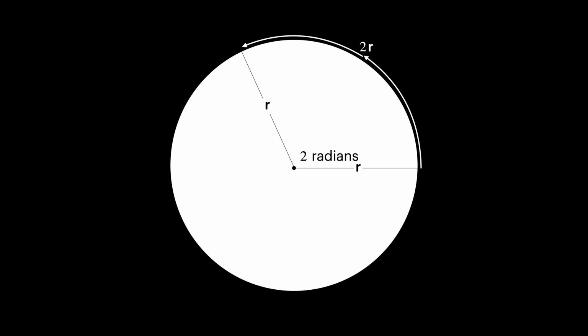If you think about measuring in degrees and you're trying to work out how far around the circumference of a circle you are, that's a complicated calculation. If you're using radians, it's a very easy calculation. However far you are going around the outside of the circle is the same as the number of radians multiplied by the size of the radius.